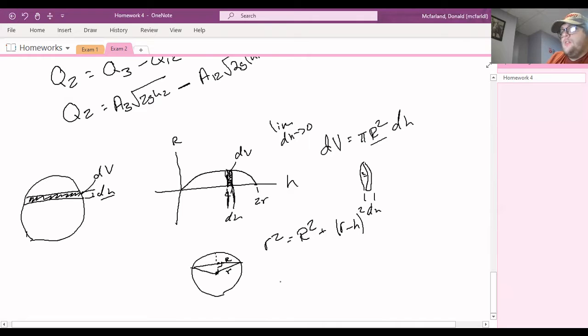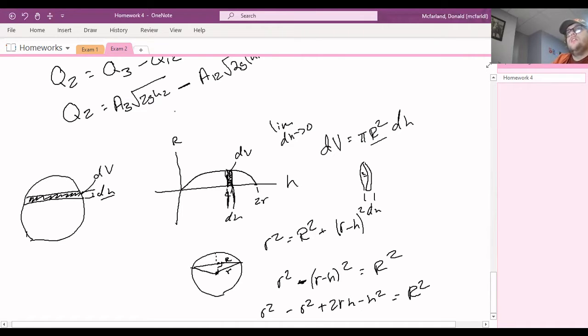If we take it to this side, we get R squared minus (R minus H) squared is equal to big R squared. So if we FOIL this out, what we get is R squared minus R squared plus 2RH minus H squared is equal to R squared.